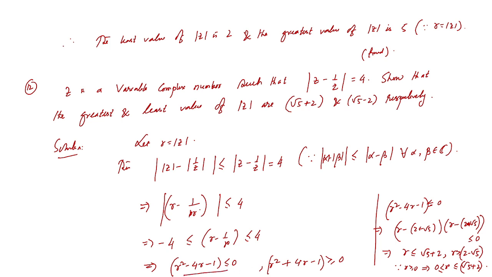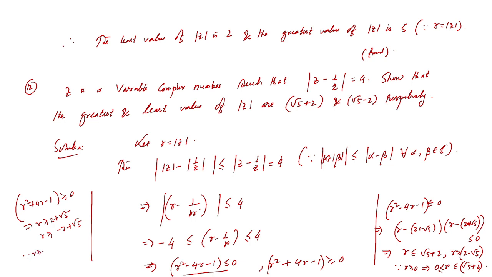In the second case, when you take r square plus 4r minus 1 greater than or equal to 0, you will see here r is greater than or equal to 2 plus root 5 and also r is greater than or equal to minus 2 plus root 5.